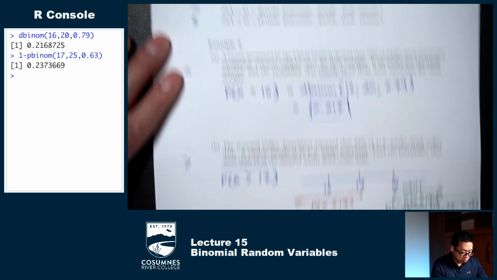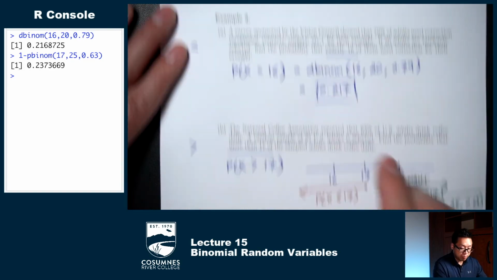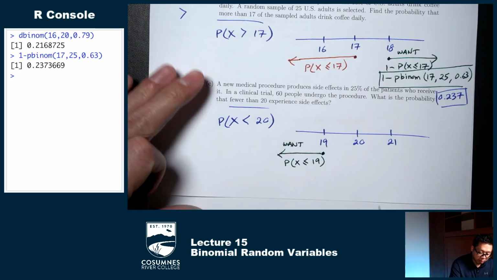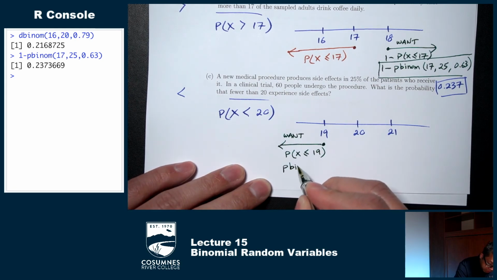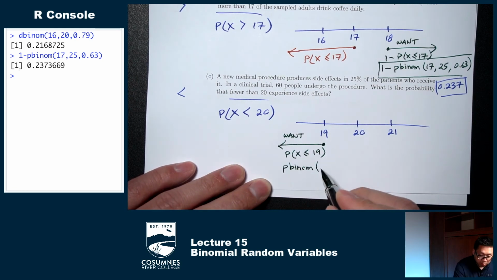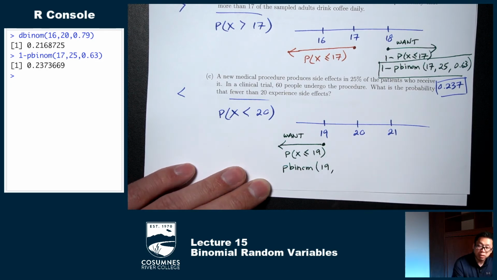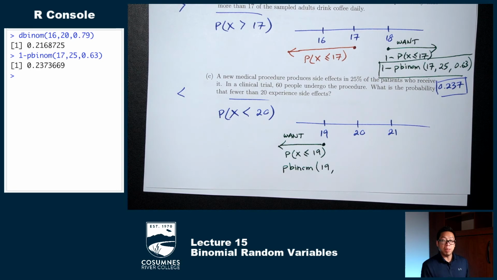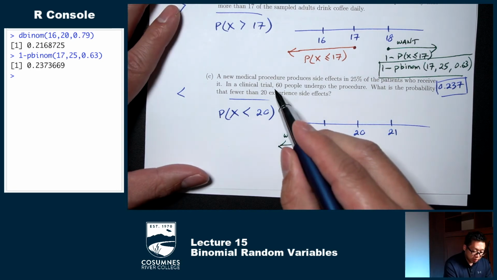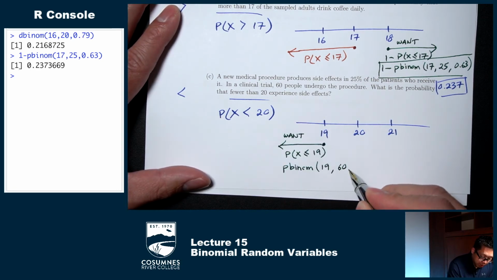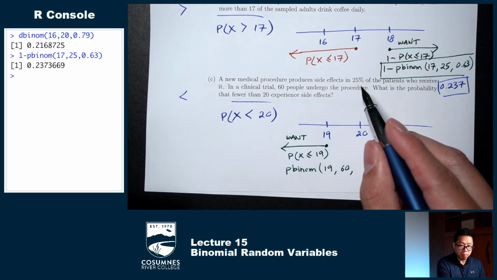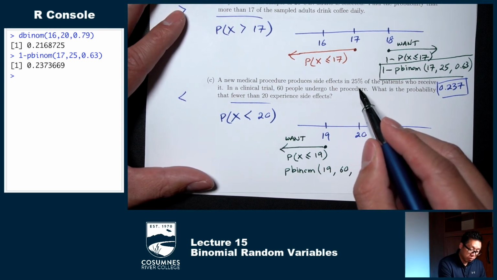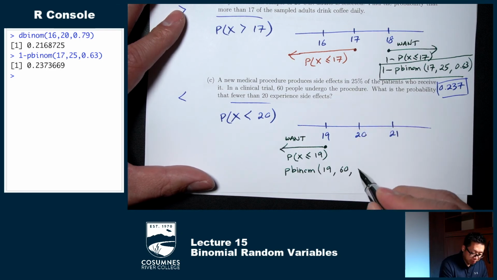Because it has a less than or equal, now I can just use pbinom. So this is telling me that what I'm going to type into R is going to be pbinom: number of successes, that's going to be the 19, comma, number of trials, that's how many people we are picking total here, 60, comma, probability of success, that's the percent, but remember, convert that to a decimal, 0.25.